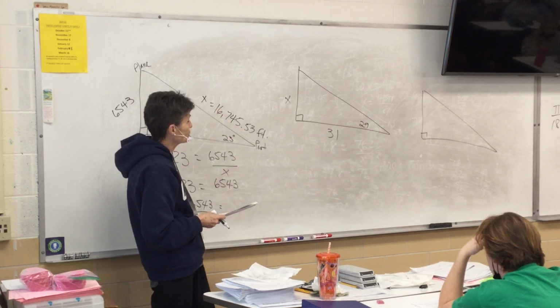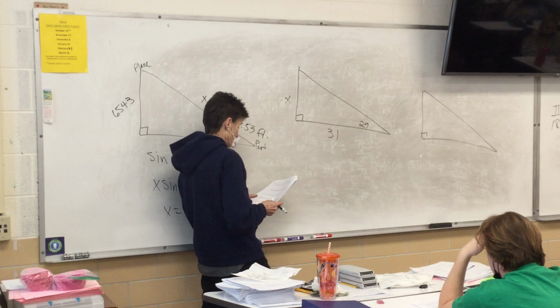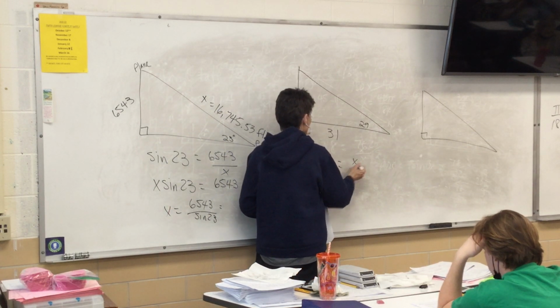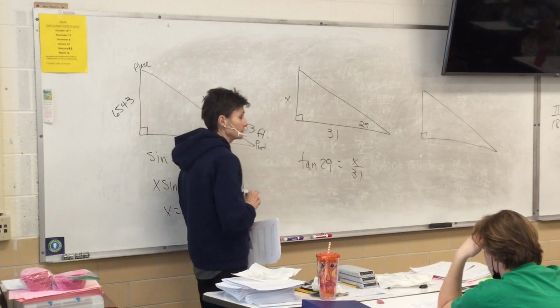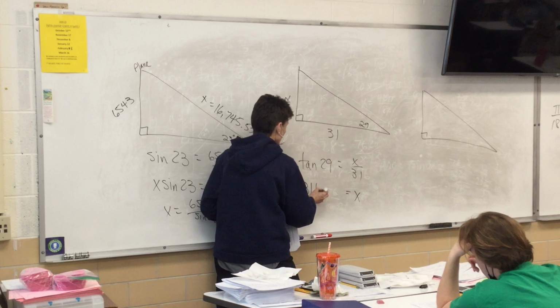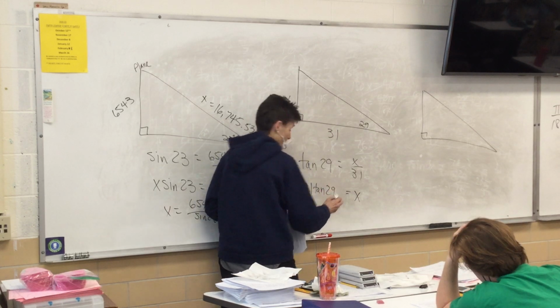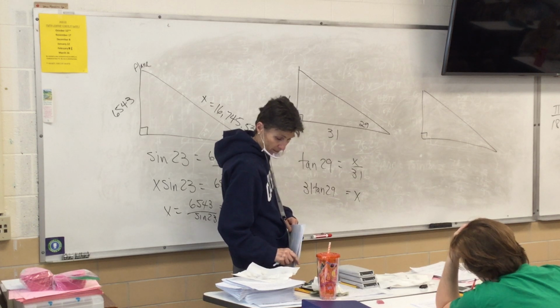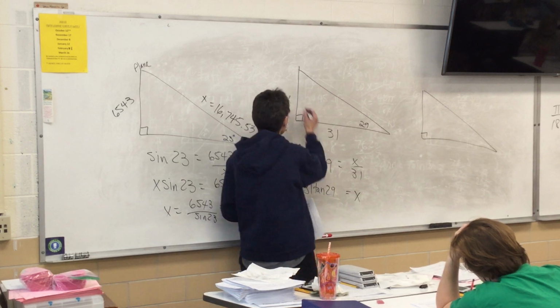Sine, cosine, or tangent? Tan 29 equals x over 31. This is an easy one. X equals 31 tan 29. $17.18.